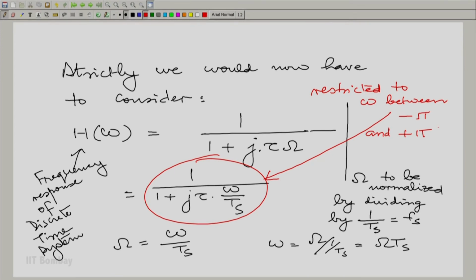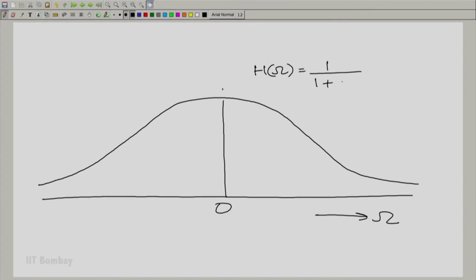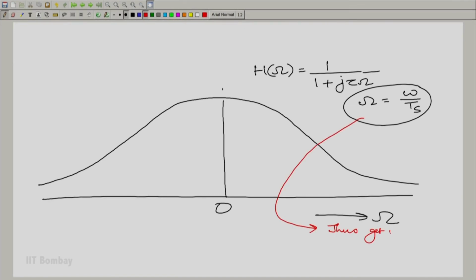So, it is like this. You see, now note, let us draw it on a separate graph again. You have this capital H omega. Now, you make a change of variable, replace omega by small omega divided by Ts, and that would give us the same in terms of small omega.